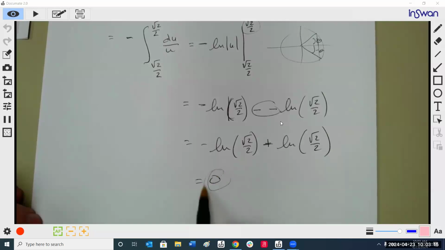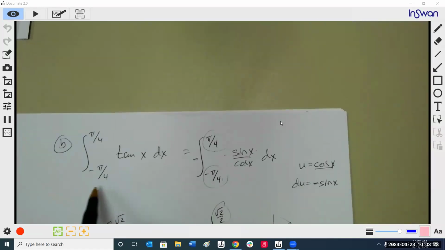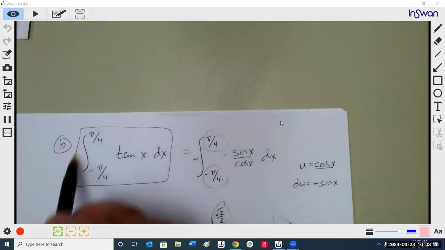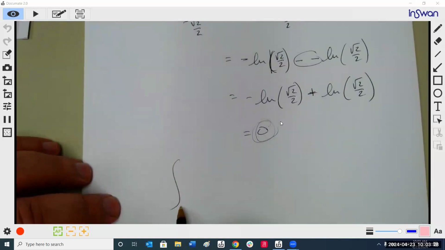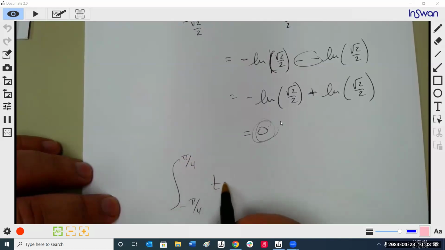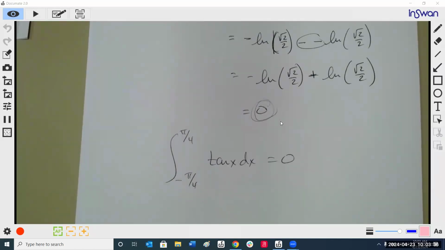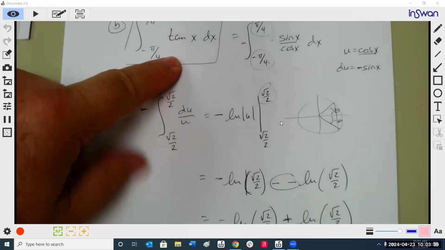Now, what does this tell us? If the integral is 0, what does that tell us? Because remember, our original equation was this. What it's actually telling us is from negative pi over 4 to pi over 4, tangent x dx is equal to 0. Because this still relates back to the original equation.